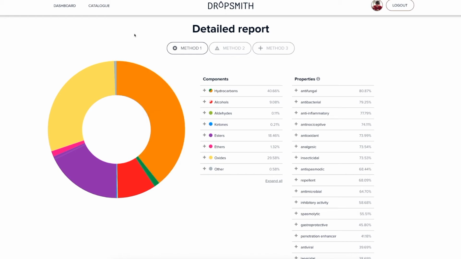This one has a lot of monoterpenes, so that tells me it might oxidize quickly, so I will take care of this oil a little bit more shelf life wise.